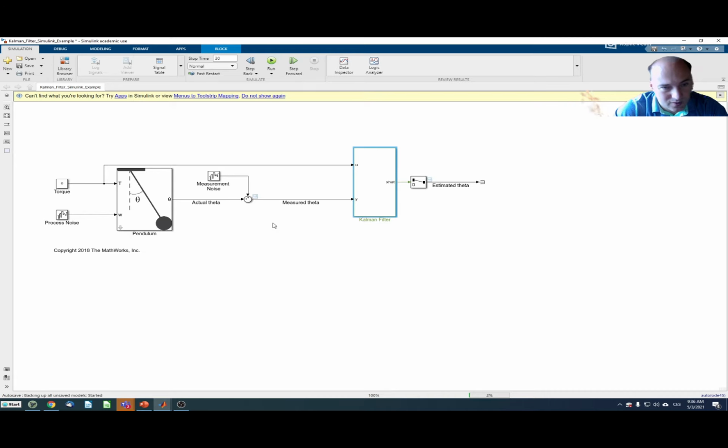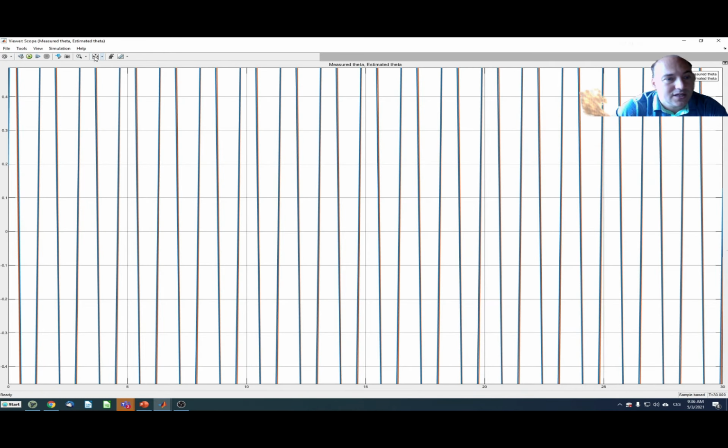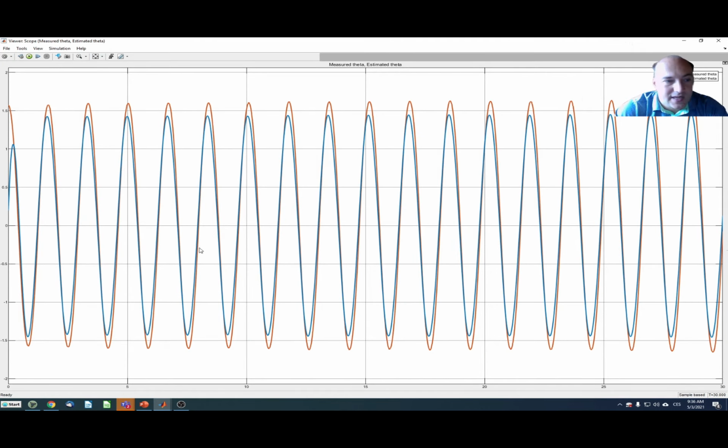We will see that now the Kalman filter will not be able at all to make an estimation of my angle, simply because the approximation that theta is equal to sine theta is not valid anymore. So you can see that there is a large difference between the measured angle and the estimated angle, and the Kalman filter is not able to follow the behavior of the system well, because the behavior is nonlinear.